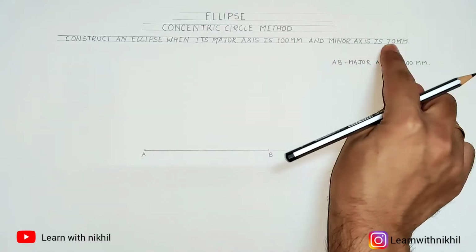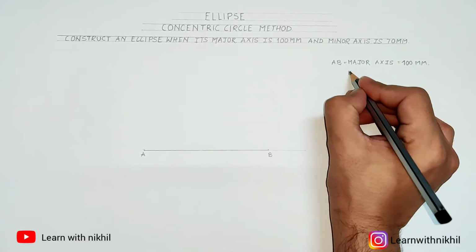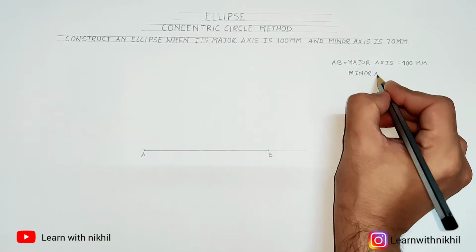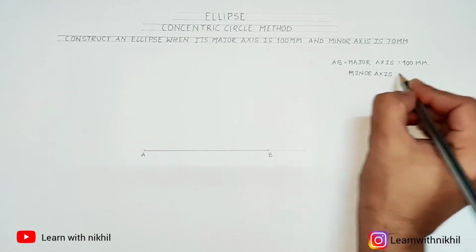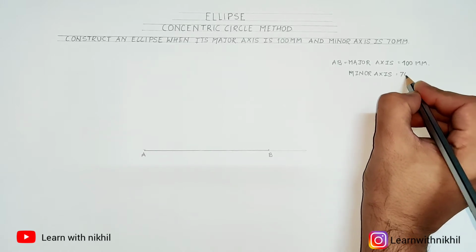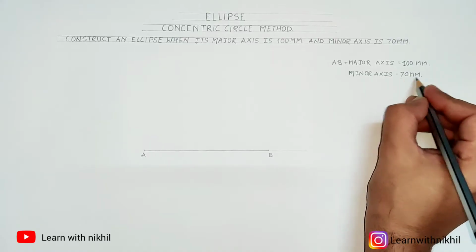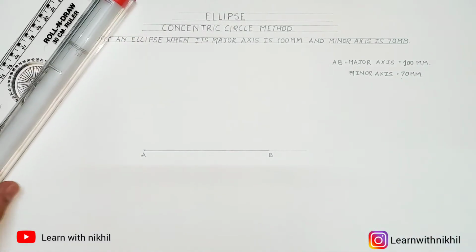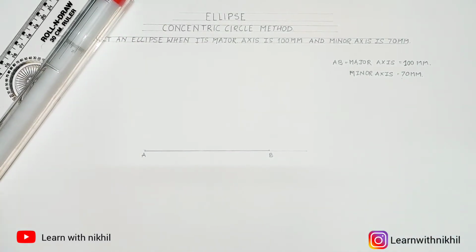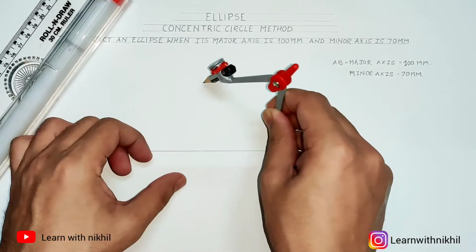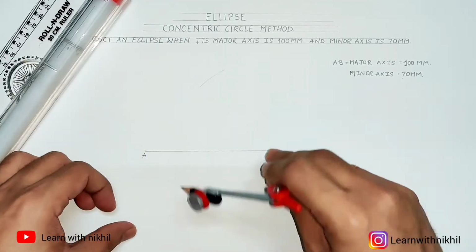Now considering the minor axis, which is given is 70 millimeters. So for drawing that, we will take a perpendicular through the center of line AB. We'll draw a perpendicular line through line AB.